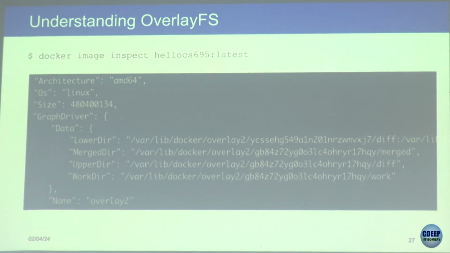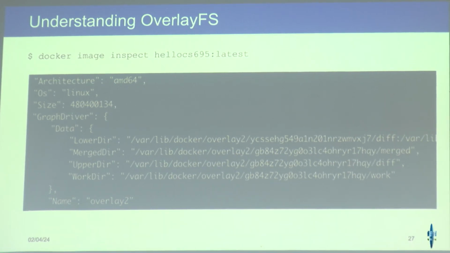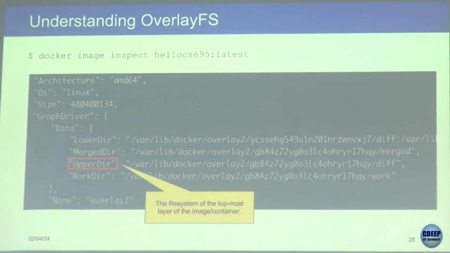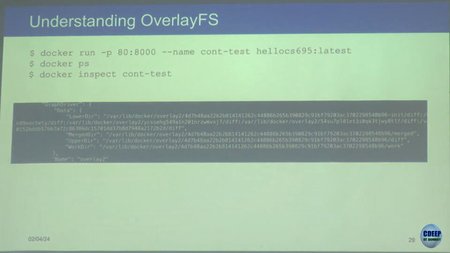Merged is present only for the containers, not for the image, because images have only directories. The container sees the overview of all those changes. Lower directory holds the differences of all the parents. Upper directory represents the final image differences. Now let's see what happens when we run the container.